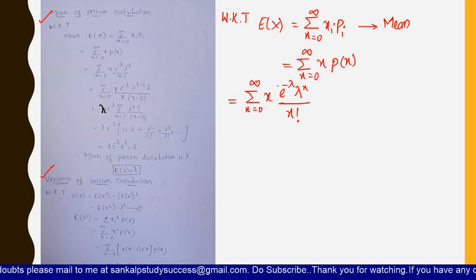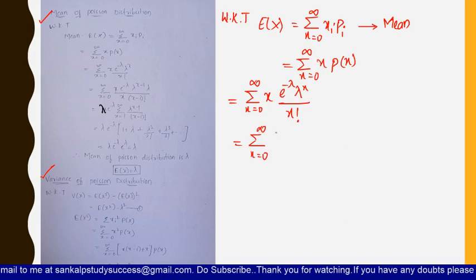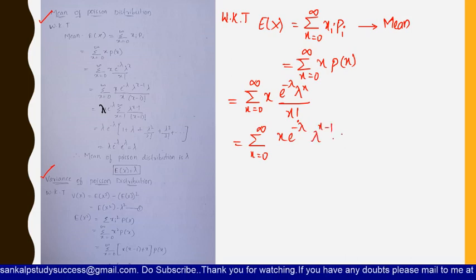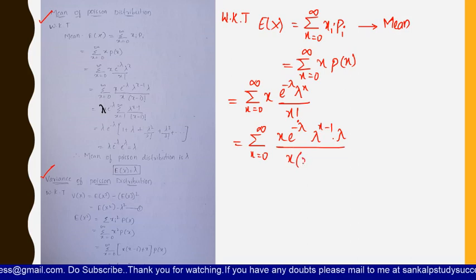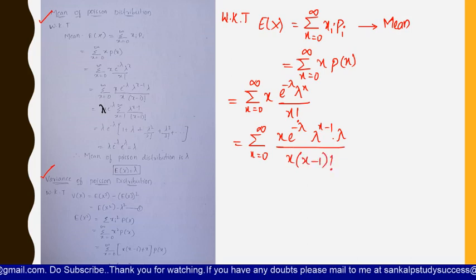Now, we are going to simplify this equation, that is the summation of x equals 0 to infinity x into e power minus lambda into lambda power x by x factorial. Lambda power x can be written as lambda power x minus 1 into lambda. So here in the denominator we can write x factorial as x into x minus 1 factorial.